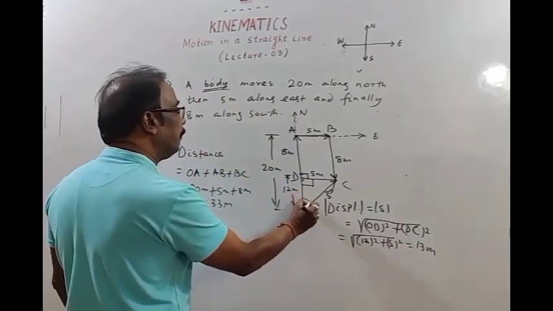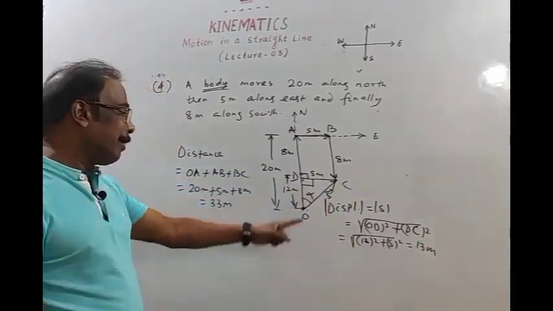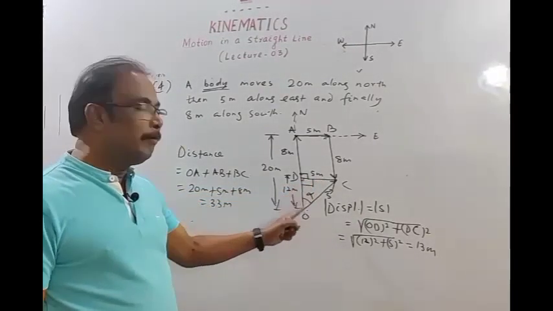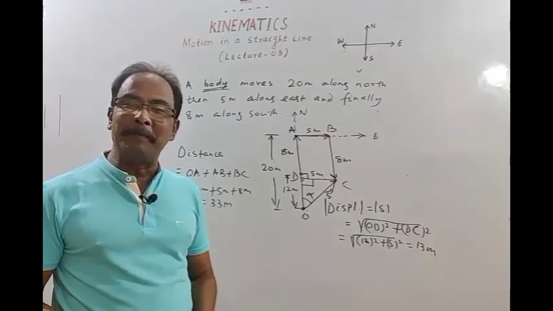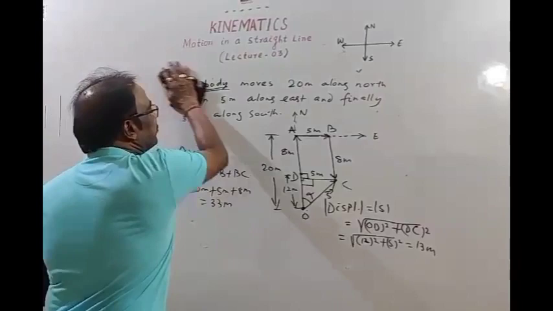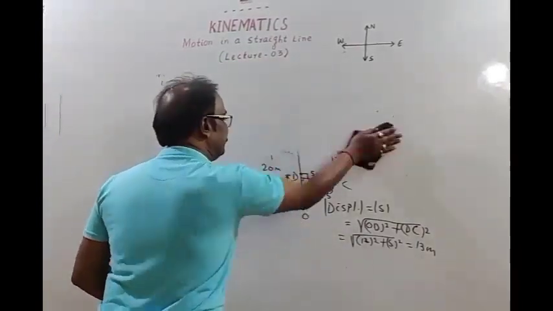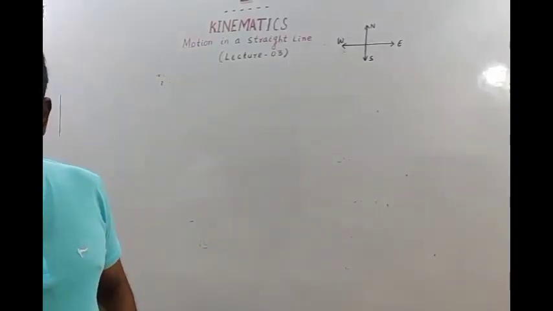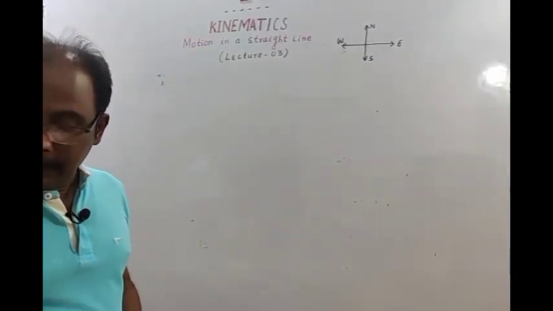Again you can find direction alpha. Tan alpha is perpendicular by base, means tan alpha is 5 by 12, then alpha is tan inverse 5 by 12. Okay. These are some easier questions. Fundamental. The next question. Okay. Next question is like this.